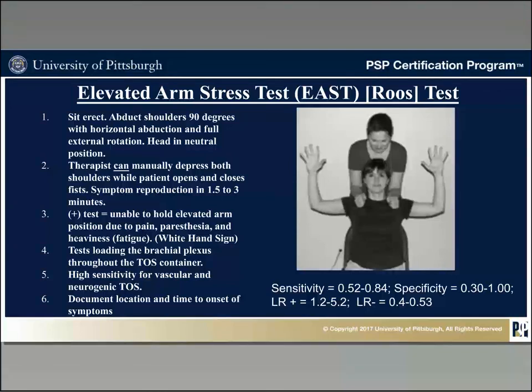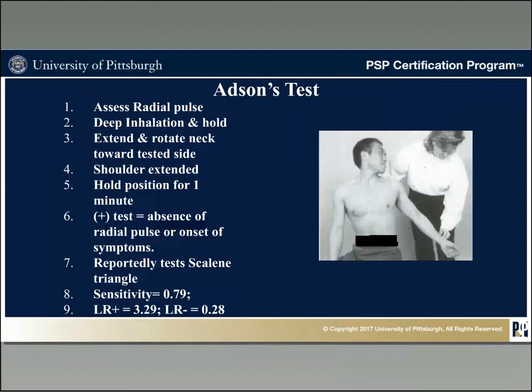It's very important that the patient be in an upright position, and that the shoulders are elevated to at least 90 degrees, maybe a little higher, and that the arms are also slightly extended so that we bring the chest forward and the shoulders back a bit, clearly putting the stress of the test and the position into the thoracic outlet area.